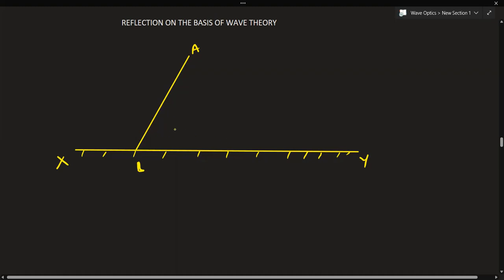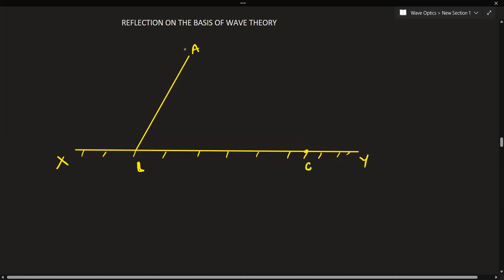Both the wavefront and the reflecting surface are perpendicular to the plane. Now let's see what happens first. The wavefront touches the reflecting surface at a point, let's name it C, and then at successive points.